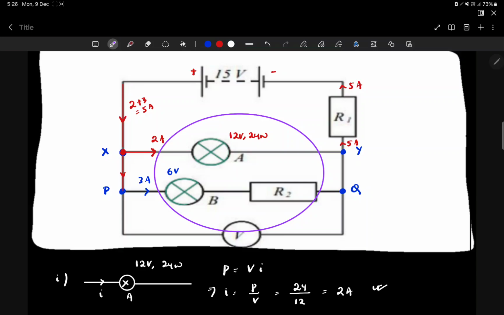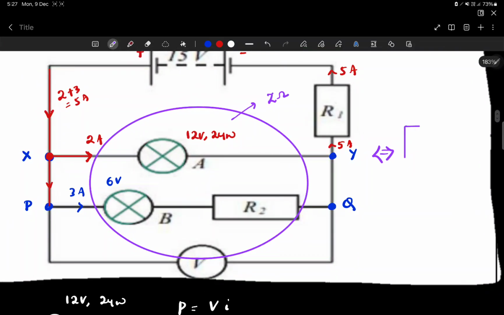Take it as a single resistor. Let this resistance be Z ohm. Think of it as Z ohm. Now you simplify the diagram as per the question. Here the total potential difference is 15 volt and the Z ohm resistor is connected at this point, and the R1 resistor is connected at this point.